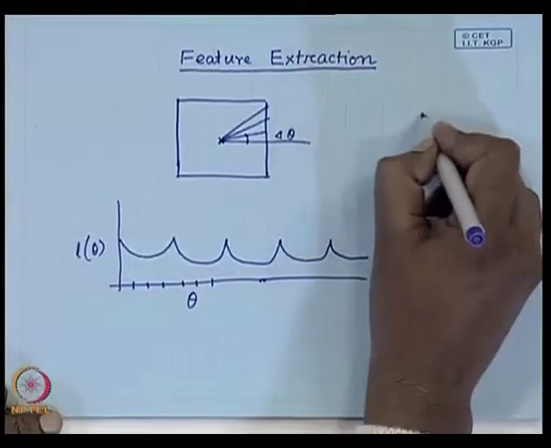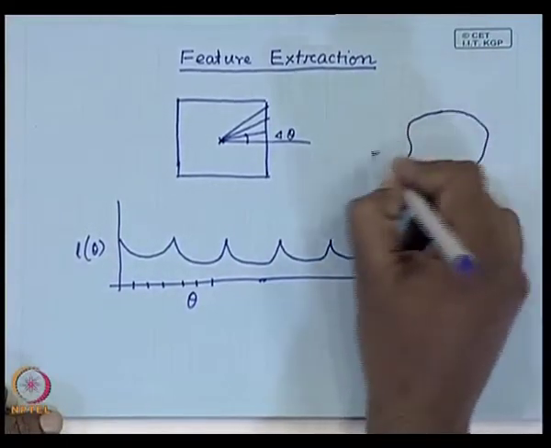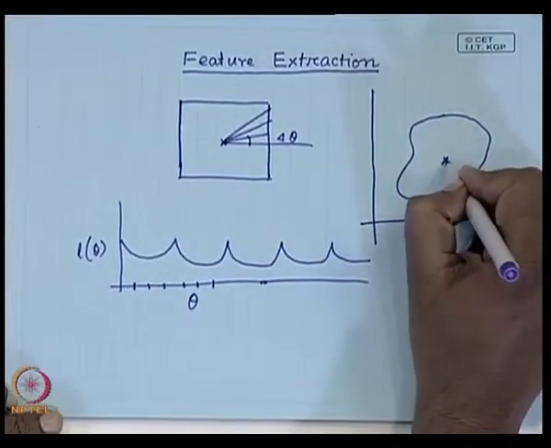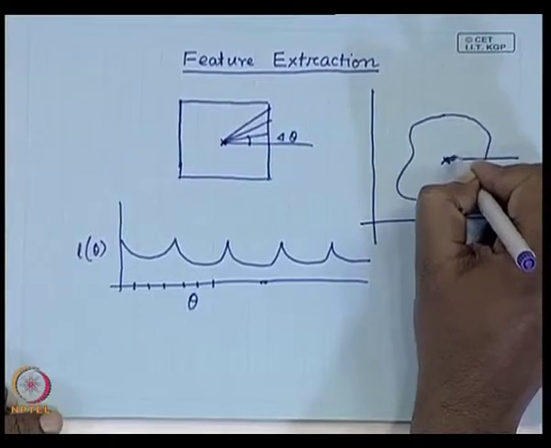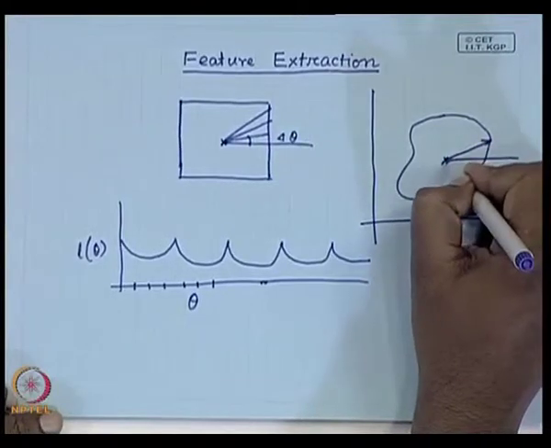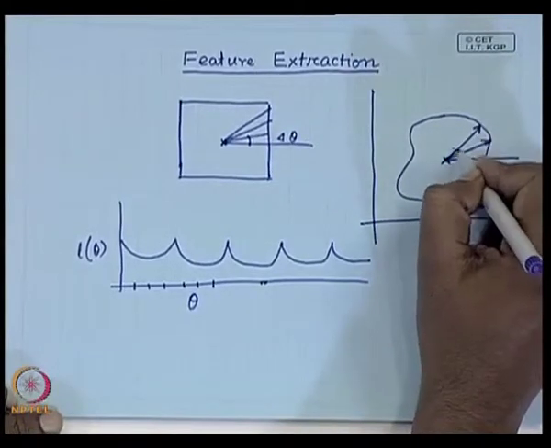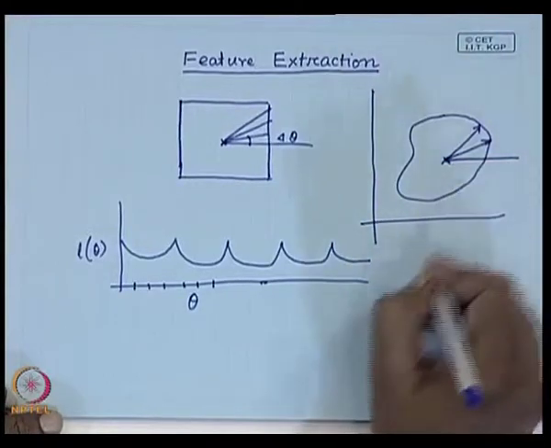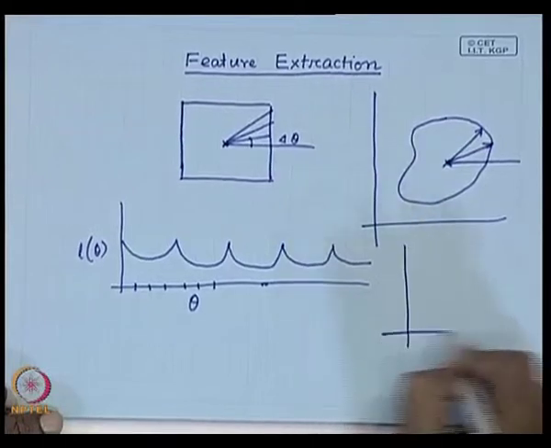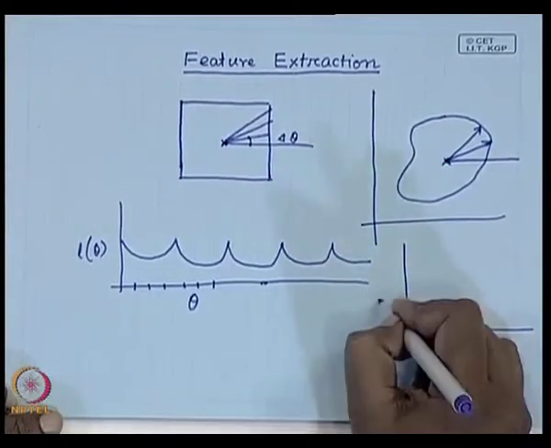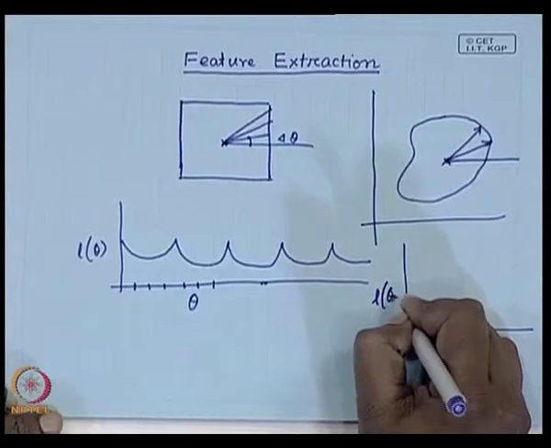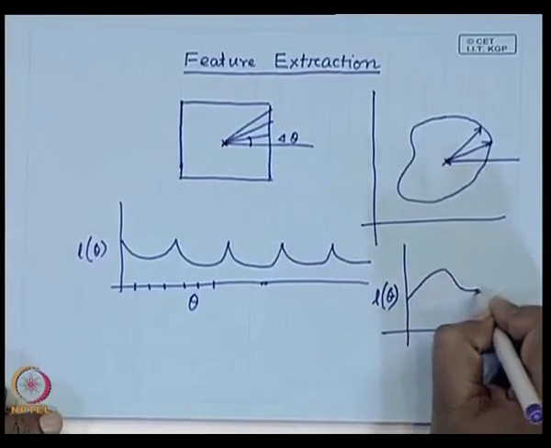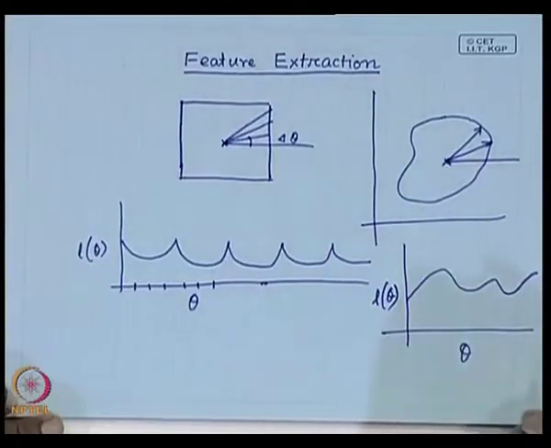In the same manner, if I have some arbitrary shape, again from the centroid of the shape, you take the distance of the boundary points in different directions, where this orientation, this direction will be measured with respect to the reference line, which is horizontal. Again, I will get with respect to theta the distance of the boundary points from the center, which is given as L theta, and this L theta will also have some variation of this form.